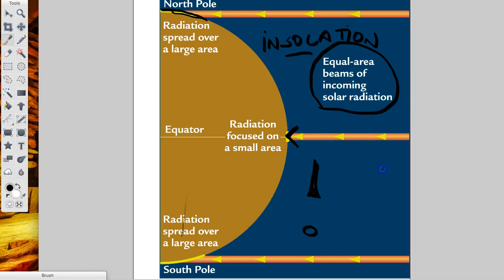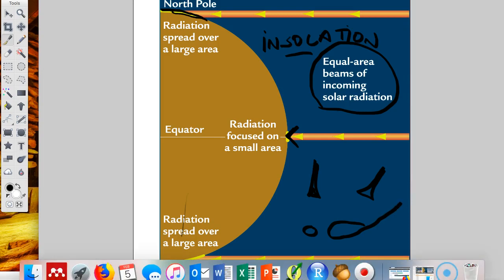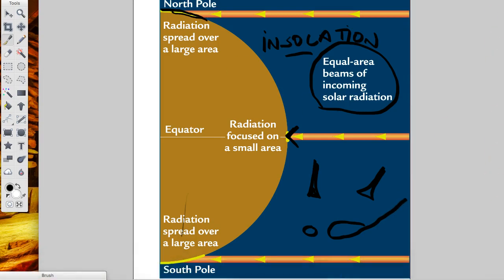Now if you have a flashlight that you're shining on the ground at an angle that's not 90 degrees, so you're not perpendicular to the ground, then you'll notice that the light beam left behind below is going to be spread out, and it's not going to be as bright.